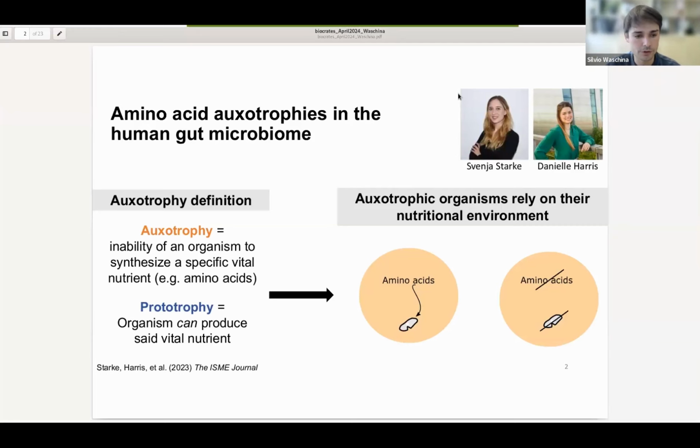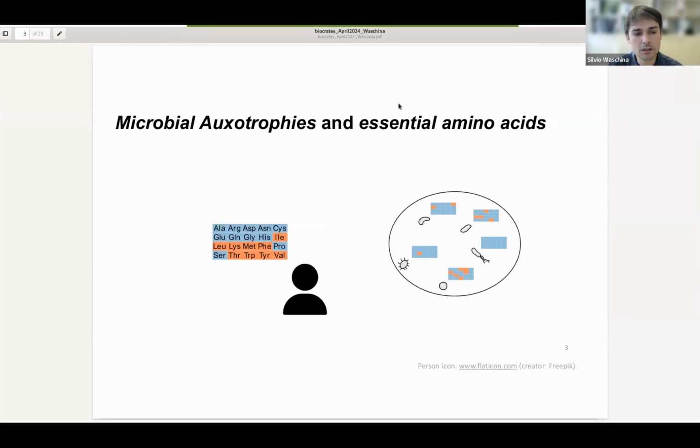The opposite term for auxotrophy is prototrophy, which means that the organism can produce the nutrient that is required for growth.